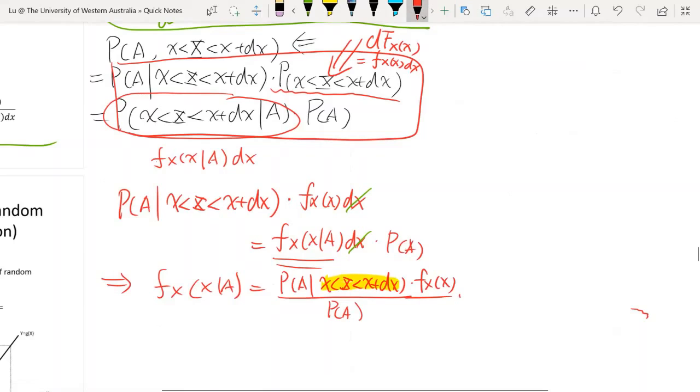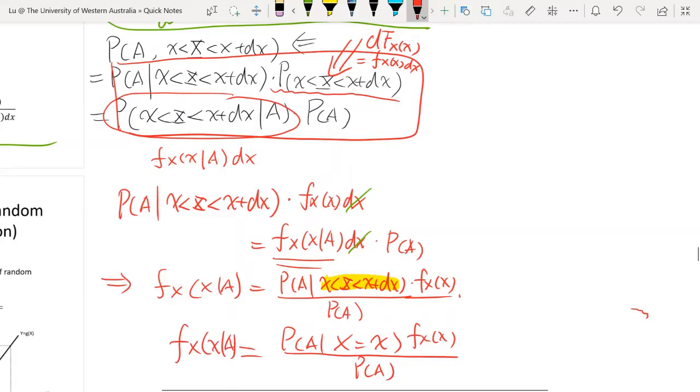Now, this condition, we have solved that before, right? So this condition can be translated to X equal to x when dx is very small, right? So x then P(A). This final result is the so-called Bayes theorem. Okay, I don't want you to memorize the mathematical inductions.